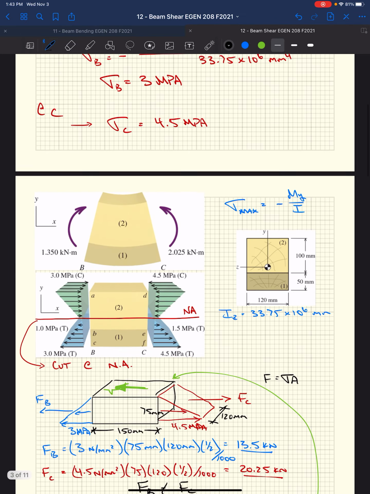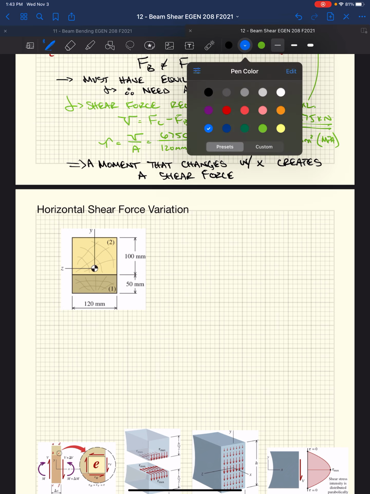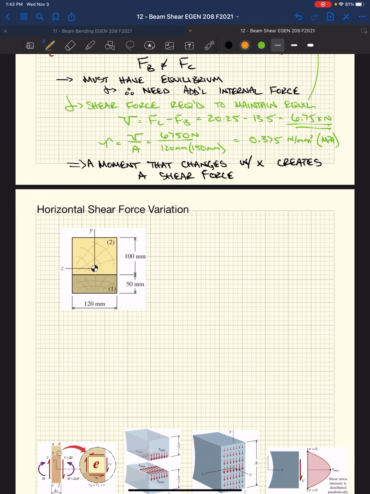Right? So if we go and we decide that we want to, I'm going to try a different color, maybe find one that's better. I'm going to draw this. Straight line. So if we decide to cut, say, 10 millimeters, you guys see that color? Work okay? Okay.